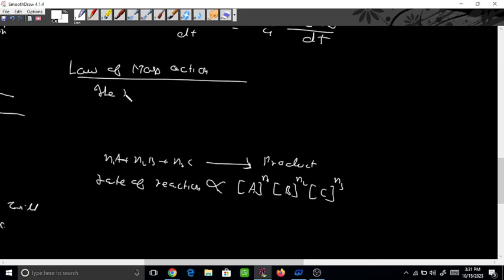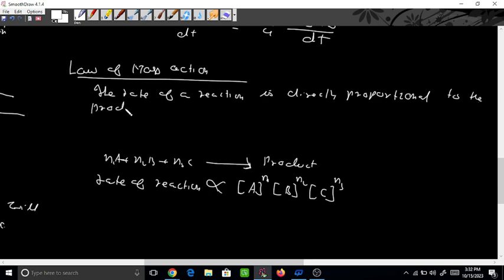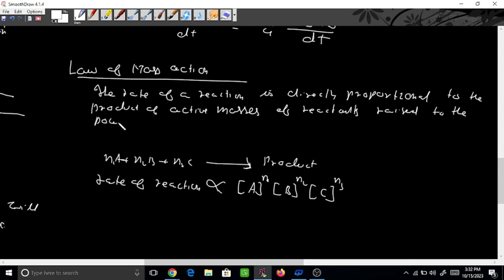The rate of a reaction is directly proportional to the product of active masses of reactants, not products, raised to the power of their stoichiometric coefficients.